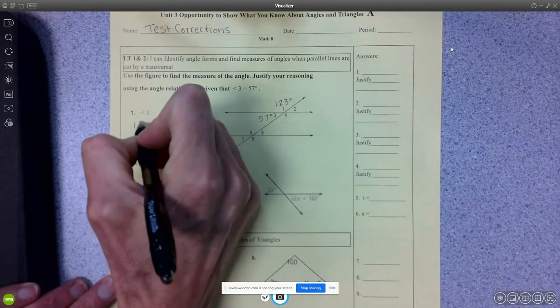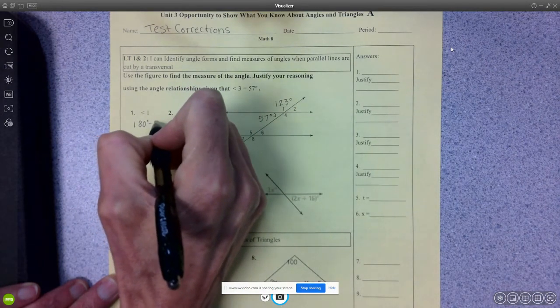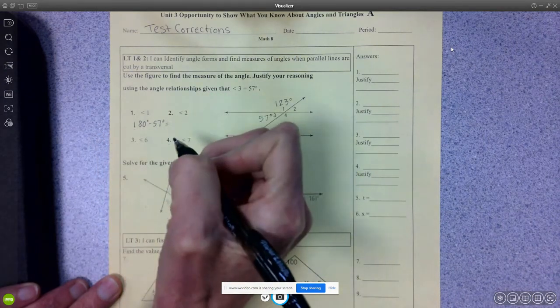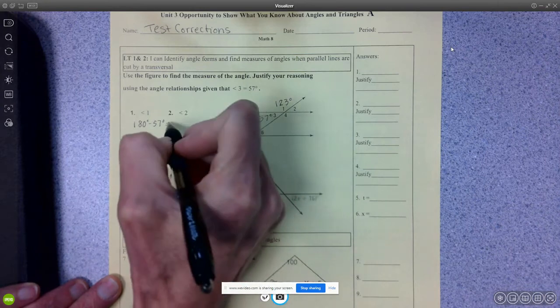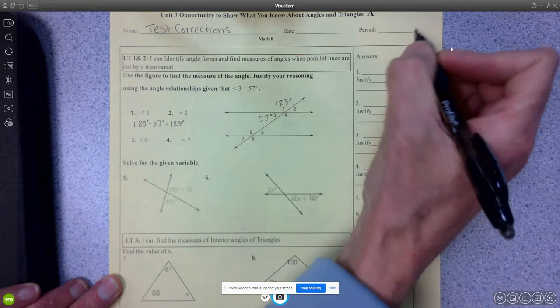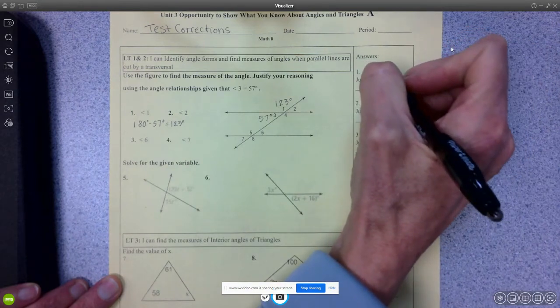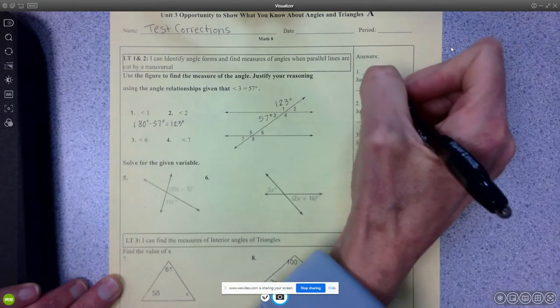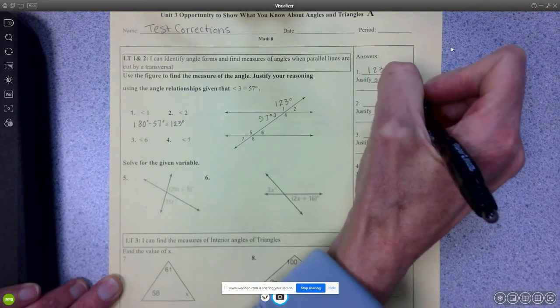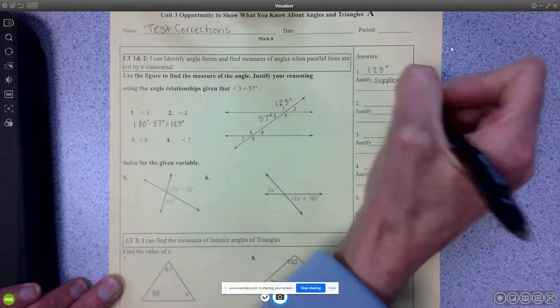So if I say 180 minus 57 degrees for angle 3, I can do that in the calculator, or in my head, or whatever works best for you. That's 123 degrees. So I'm going to write that right here. And my justification is these two angles are adjacent to each other and supplemental.